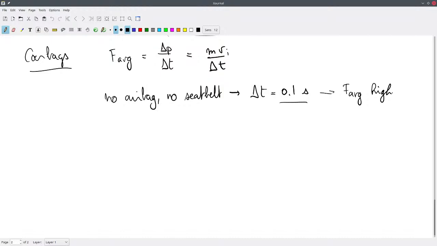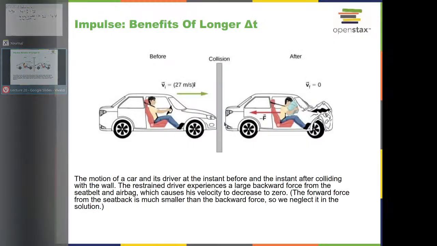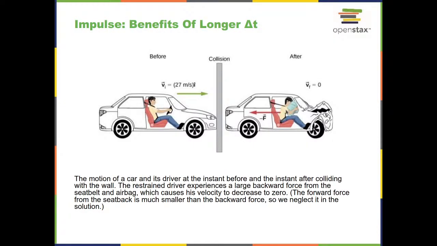Now if the airbag inflates and deflates, and the seatbelt holds you back, what this does is increase the time over which you're feeling that force. The airbag is exerting force on you, and the airbag is of course much larger than the steering wheel, whose thickness would be the characteristic time scale involved here.